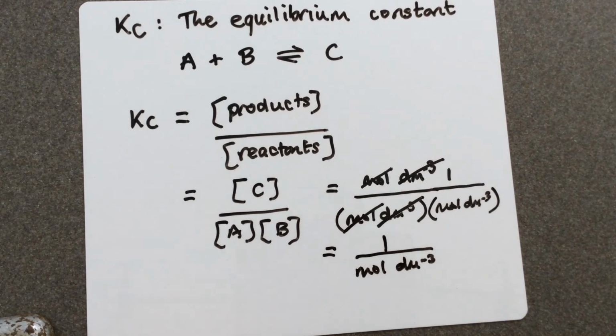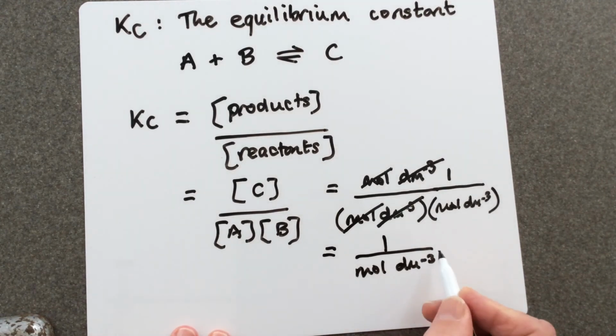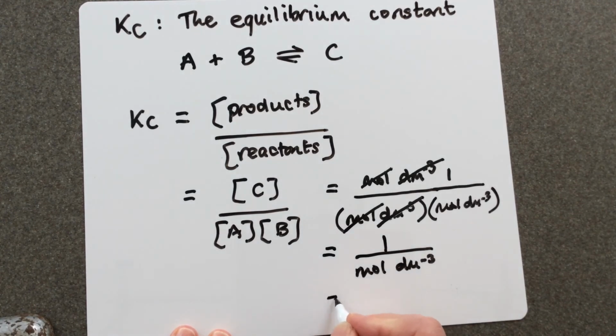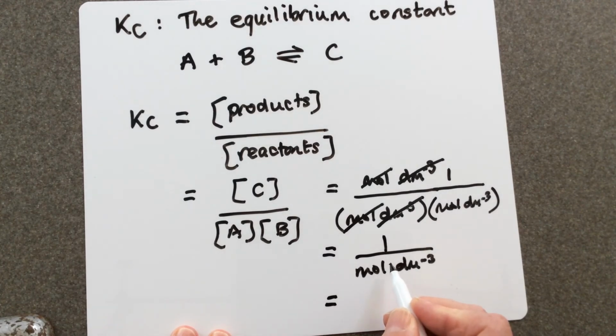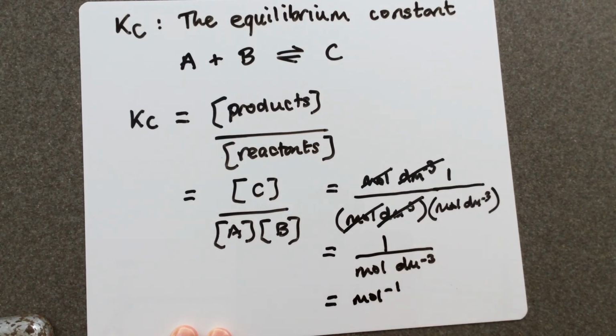Not crazy about that. It'd be nicer if I had all of these units on the top line. I can do that, and it's really simple to do. All I have to do is change the indices, the power, on each of the units. To bring moles to the top, I'm going to change the sign of the power.